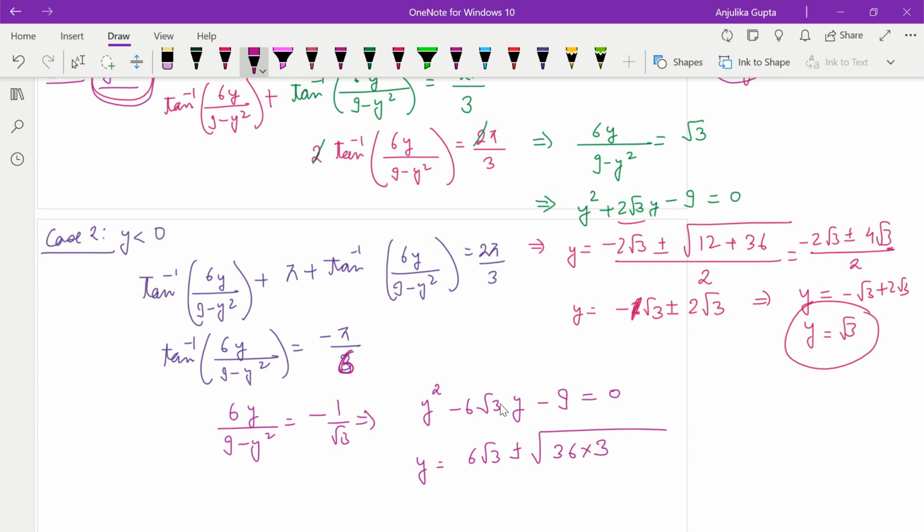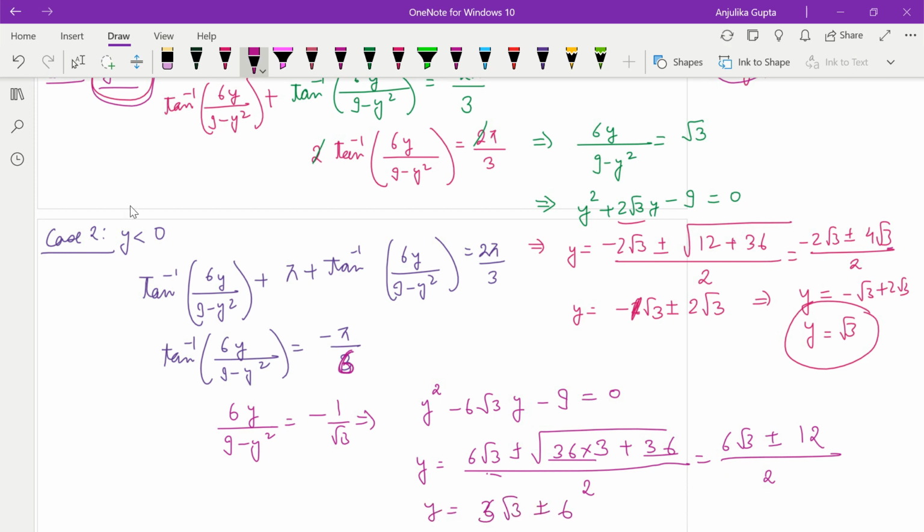Let's write 36 times 3 and then 36, divided by 2. What more? 6 root 3 plus minus, from here 36, 36 is out, so you get 6 and root 4, so 12. 12 over 2. What is that? 3 root 3, if you get rid of the denominator, 6.